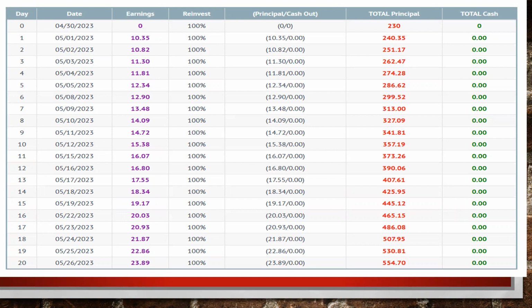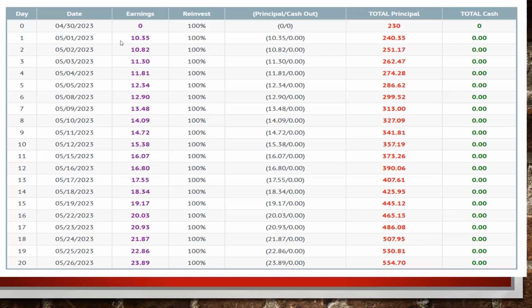This one starts on May 1st, which is Monday. And if you just earn $10.35 with your option on day one, which would be trade one, day one, whatever you want to call it. I like to use trading days because you may not trade every day. So I just like to say this is trade one.